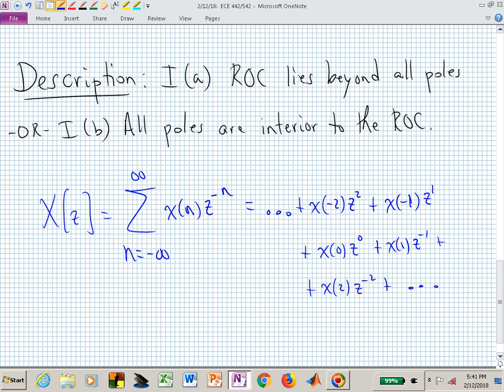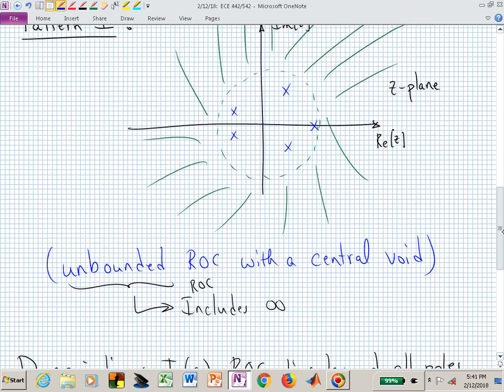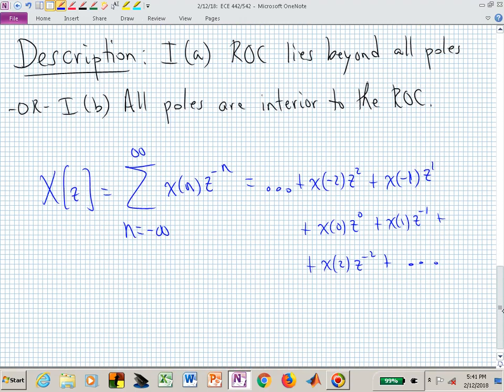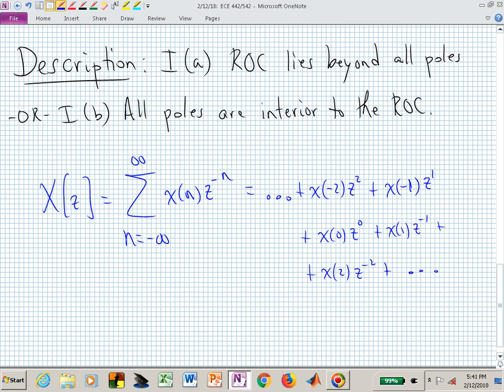Now, based on what we see for this region of convergence, can you tell me anything about certain values of this sequence? Let's say x of minus 2, x of minus 1, x of 0, x of 1, x of 2.